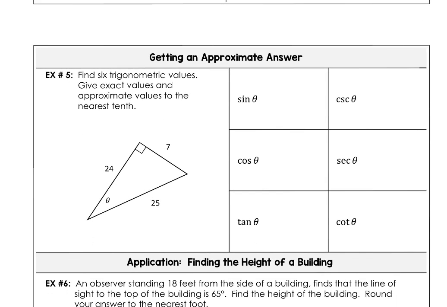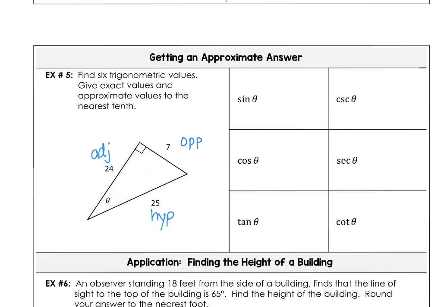Example 5, we're going to get an approximate answer using the triangle that's shown. We've got a 7, 24, 25, and the sine of theta is opposite our angle of interest divided by hypotenuse. So opposite over hypotenuse. This is our angle of interest. This is the opposite side. This is the adjacent side. And 25 is our hypotenuse across from the 90.